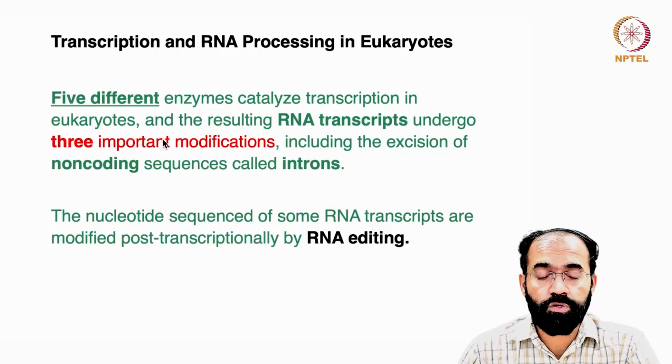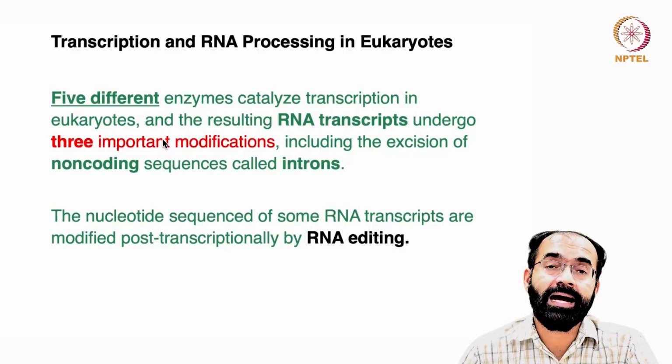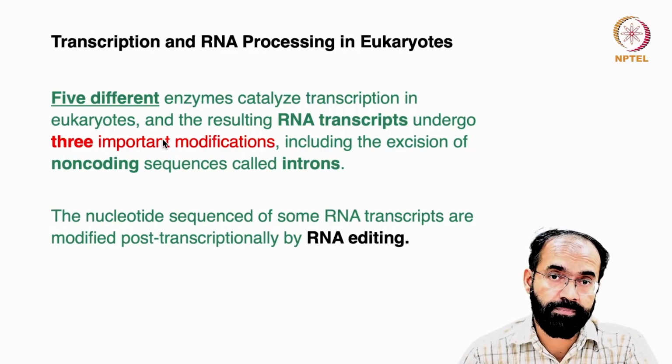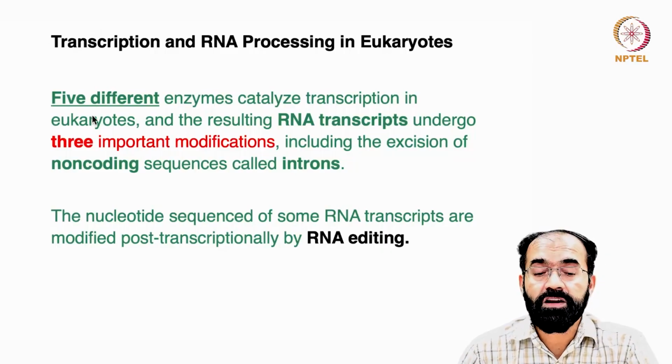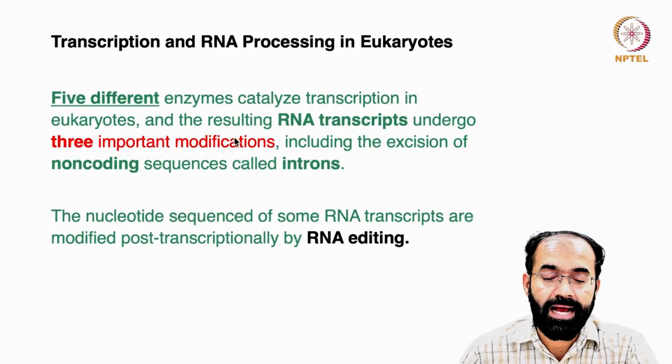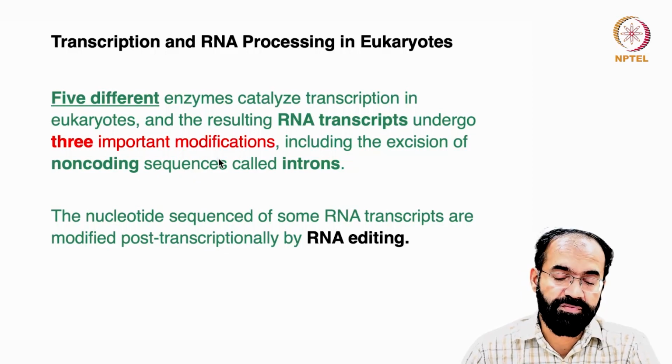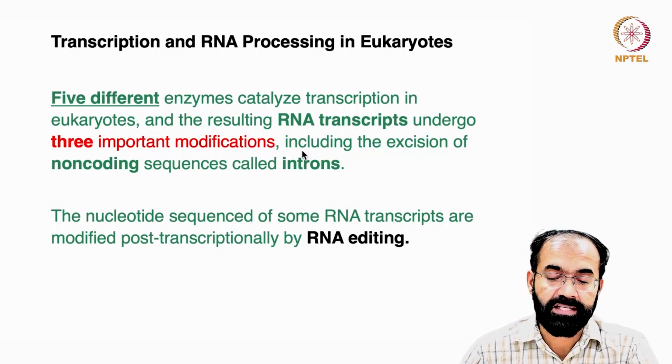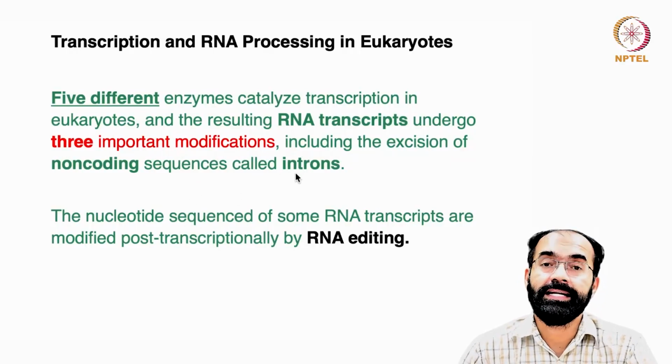So let us look into the transcription and RNA processing in eukaryotes. How does this happen? There are five different enzymes that catalyze the transcription in eukaryotes, and the resulting RNA transcripts undergo three important modifications, including the excision of the non-coding sequences called introns.